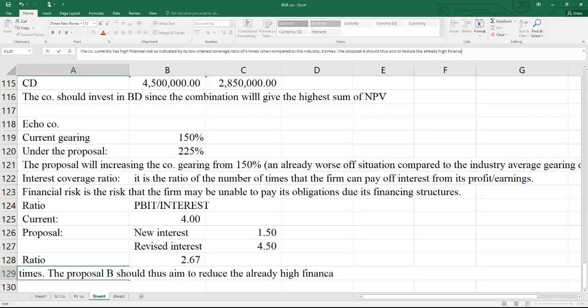However, it is making things worse. It results in a decrease in the interest cover ratio, a decrease in the ratio to 2.7 times.